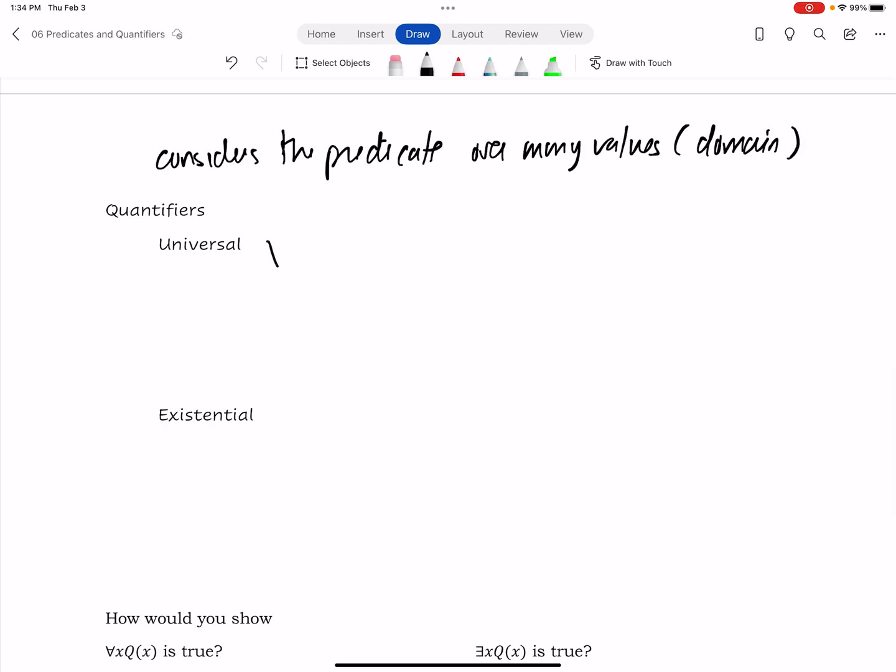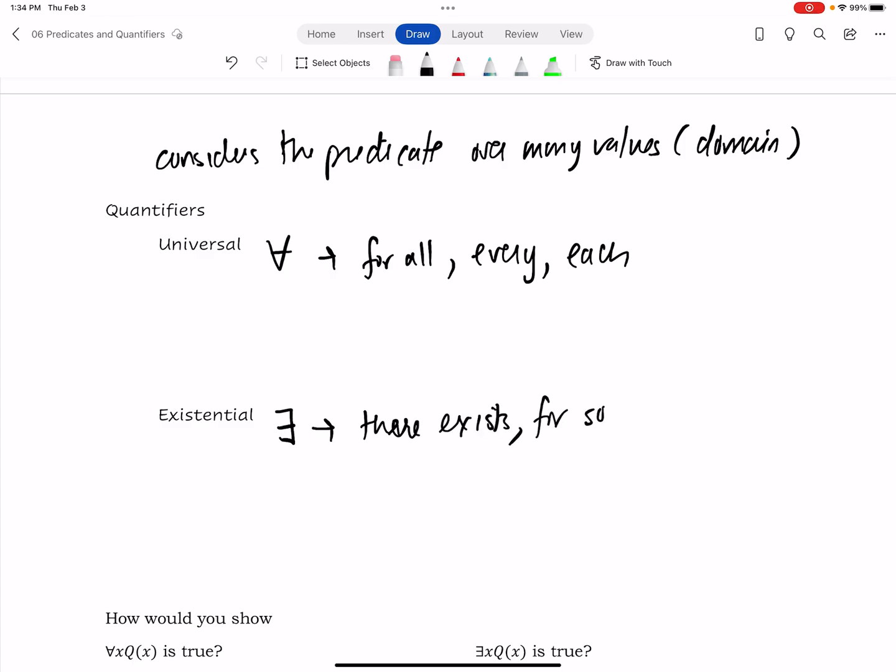The universal quantifier is this upside down A, and when you think about a universal quantifier, you want to think about the words "for all," or "every," or "each." And the existential quantifier is this backwards E, and you think about the words "there exists," or "for some," or "at least one."